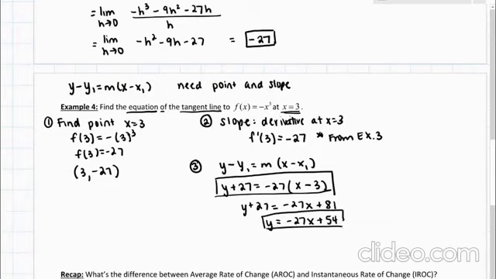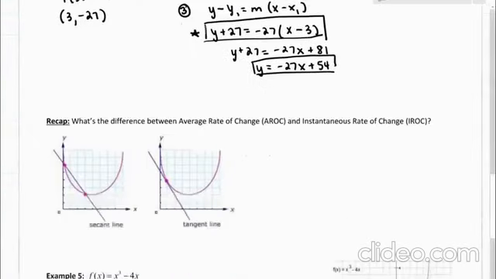So generally speaking, you're better off leaving it in the less simplified point slope form to avoid making a silly mistake in trying to get to slope intercept form when the point slope form is perfectly acceptable. So let's refresh on what we just talked about.